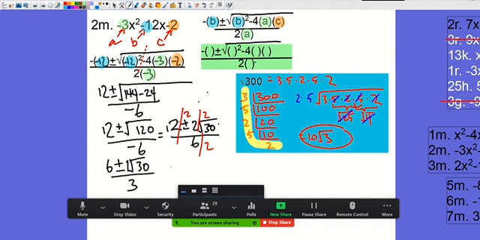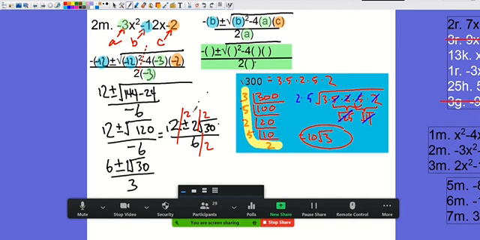So I think everything is pretty straightforward over here. The only thing that you might have to remind yourself of is how I got this 2 root 30 over here.